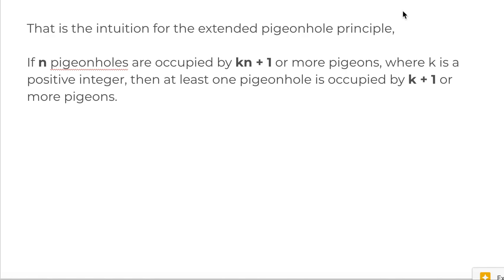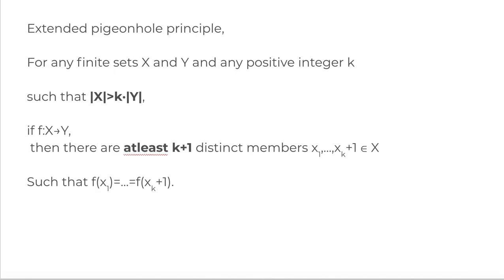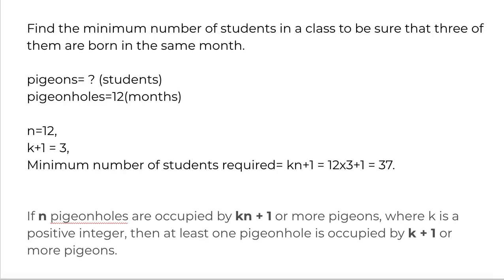So you identify n, you identify k plus 1, you get k, and you find the minimum number of pigeons required in certain problems. That's the formal definition. We did a question on the extended pigeonhole principle where you wanted to make sure that at least 3 of them are born in the same month.